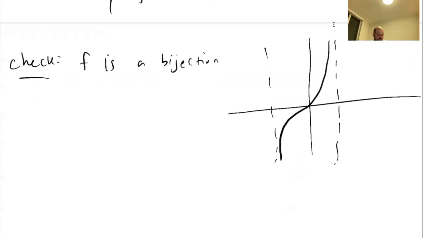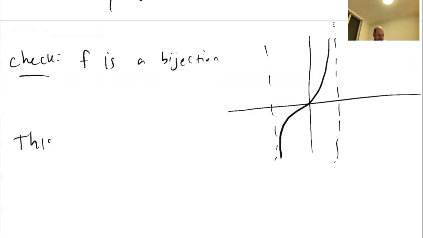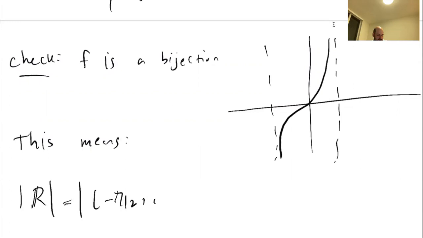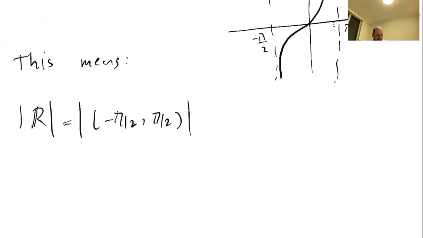To check f is a bijection, this means that the cardinality of the real numbers is the same as the cardinality of the interval minus pi over 2 to pi over 2. This is minus pi over 2 here, by the way, and this is pi over 2. So this was step 1.